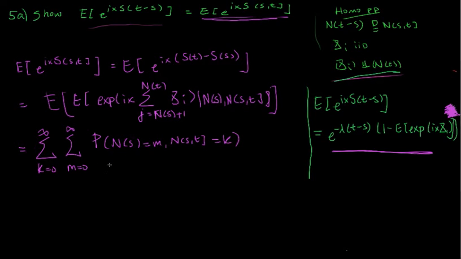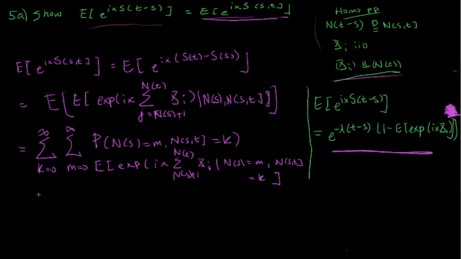Then we have the mean of the exponential of ix times the sum of Xi from N(s) plus 1 up until N(t), given N(s) is equal to m and N(s to t) is equal to k.